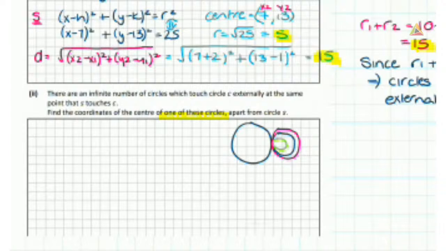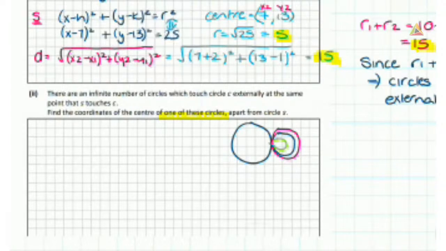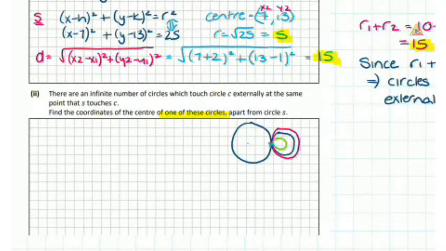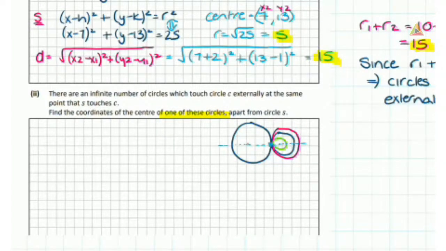But we've an infinite number of circles that are touching that circle at this particular point here, where that circle S touched it. And I'm just going to mark in as well, I have my centre, and all of these circles obviously have a centre as well. But what you'll notice, all of their centres lie on that line. Okay, so they lie on that line, and my drawing isn't excellent.